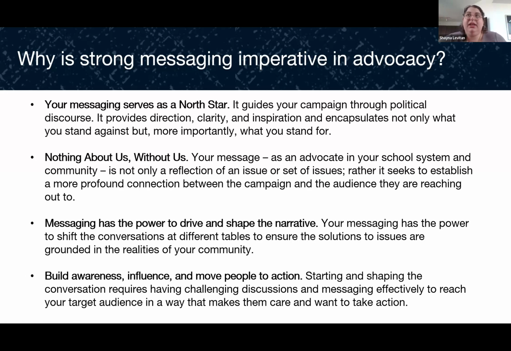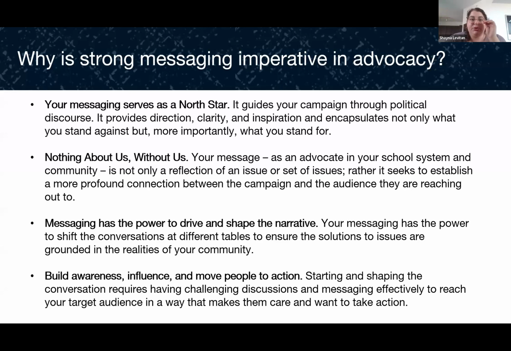The next is also nailing down your message goes a long way to building coherence among fellow advocates or aligned partners. So when there are clear messages, everyone's rowing the boat in the same direction. So the scope of the issue, its impact, and what you're asking for.